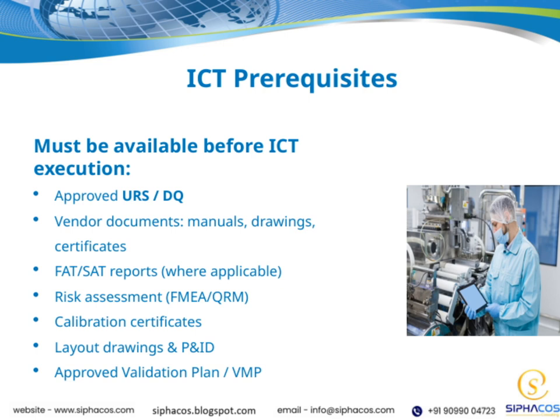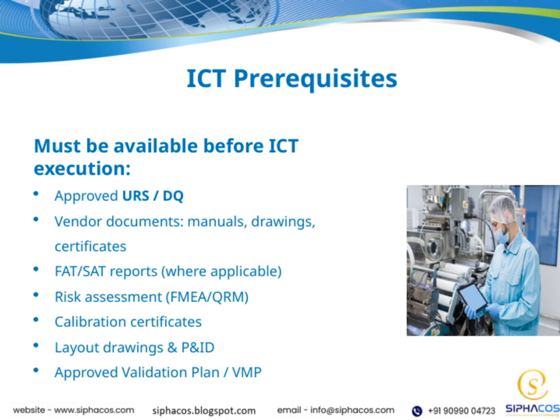Risk assessments are vital too, especially tools like FMEA or QRM, to identify potential issues early and plan mitigations. Calibration certificates are another must-have. They confirm that our instruments are accurate and reliable. We also need layout drawings and P and ID diagrams, which help us visualize the system setup and process flow.